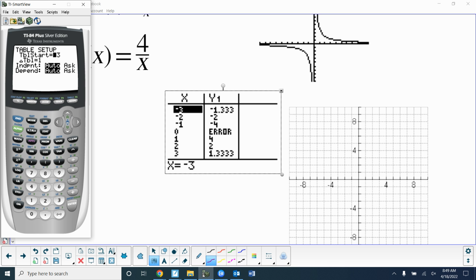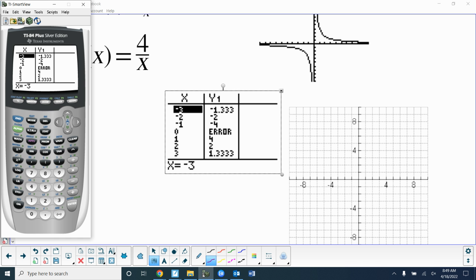Just make it 1. But we can go by halves or thirds. We can make it go by anything we want. Okay? But I always just put it by ones. So you just do that and then go back to second table. It'll start it at -3 for you. Or you could just hit your down or up arrow key, whatever you need to get back to that area. Okay? Any other questions on calculator?